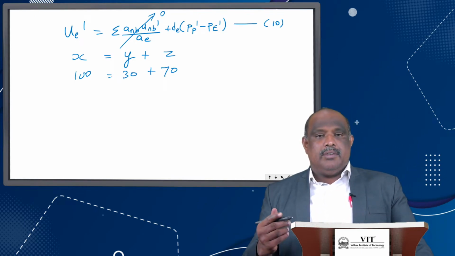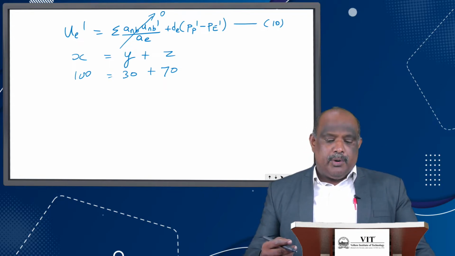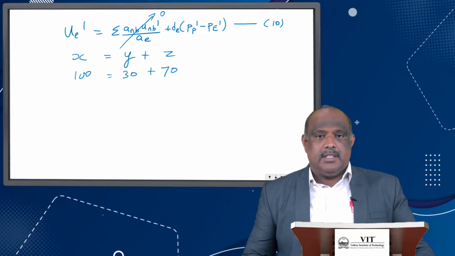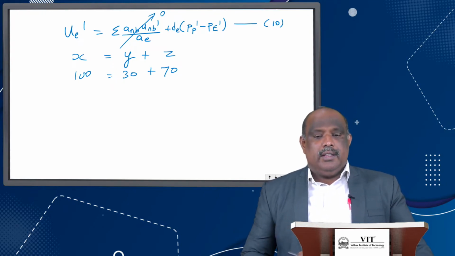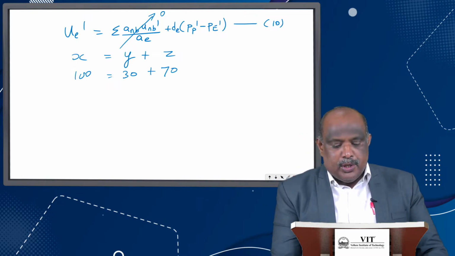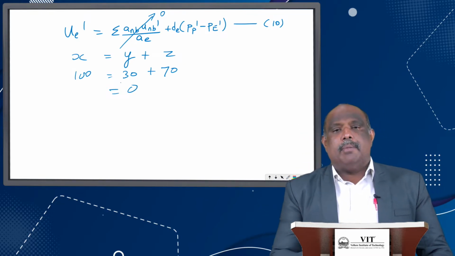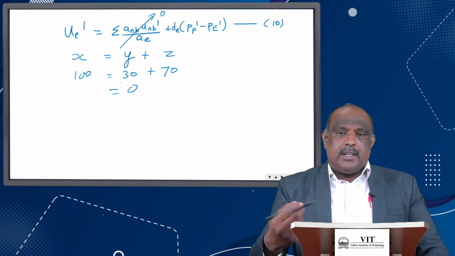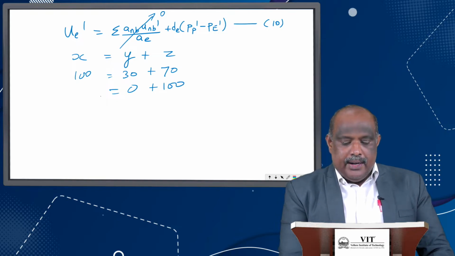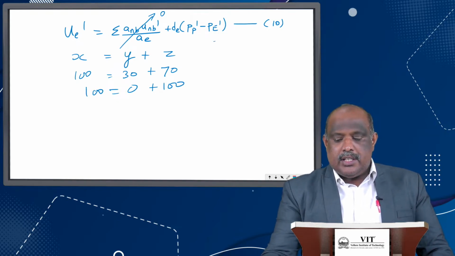The contribution of the velocity correction by the neighboring nodes is 30% and the contribution by the pressure term is 70%. Now the velocity correction of the neighboring nodes is not helping, they are already made 0, but still this equation can be balanced. How? Now the pressure correction has to do more work, that is, this 70 should become 100, then this equation is valid.